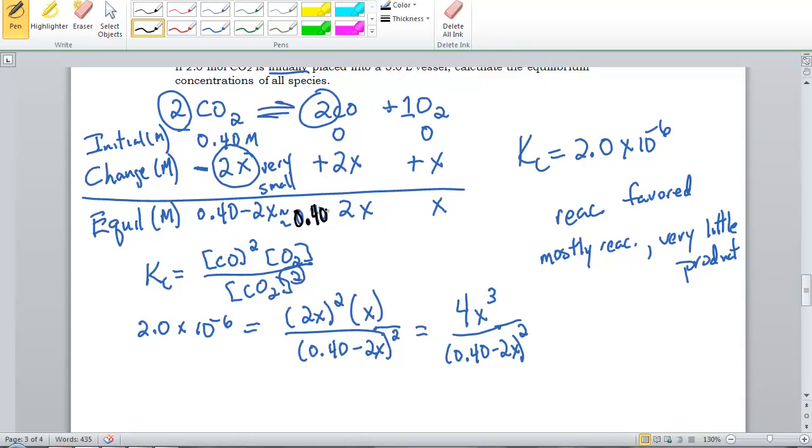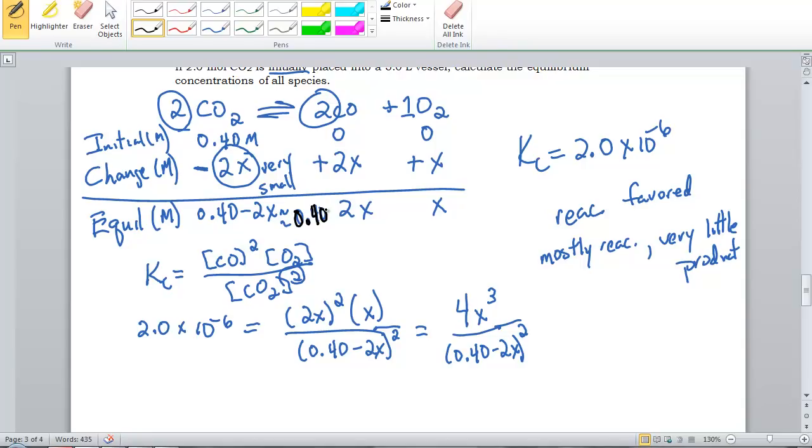So key assumption for us, we're going to use this a lot because even when we get to the next couple of chapters, we're going to look at reactions, acid-base, precipitation, where our K values are really small. And we're going to make this assumption over and over and over again.